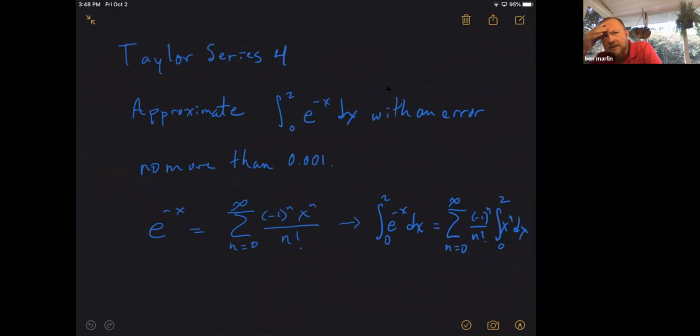So with this, we're going to be asking to approximate the integral of e to the minus x dx from 0 to 2. I originally thought I would do 0 to 1, but that made this example too easy. And so I tried to jazz it up a little bit. Not a lot, just a little bit. All right, so we're going to approximate this with an error no more than 0.01.